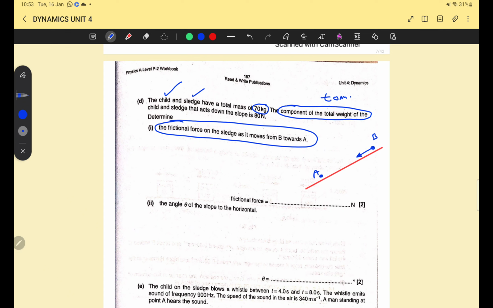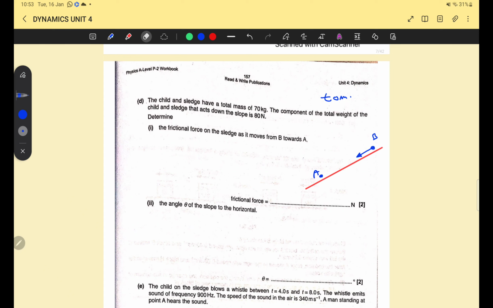Okay, which force is responsible to slide the child downward? So the answer is, this 80 Newton force is the component of weight. I will explain tomorrow what it means. But right now, the component of weight, 80 Newton, is acting downward.